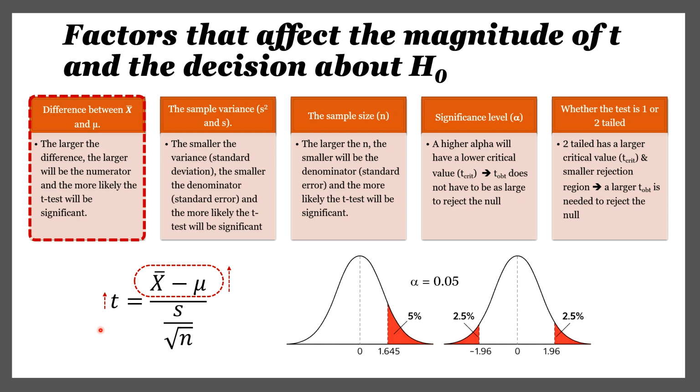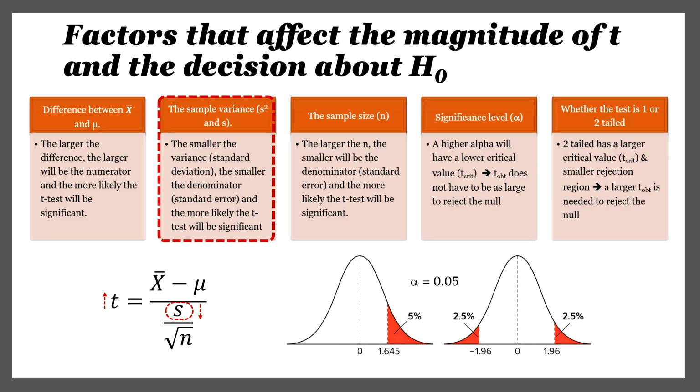And conceptually, this should also make sense. The larger the difference between the sample and the population that you're comparing the sample against, the more likely it's going to be that there's a significant difference between that sample and population, and that you reject the null hypothesis.